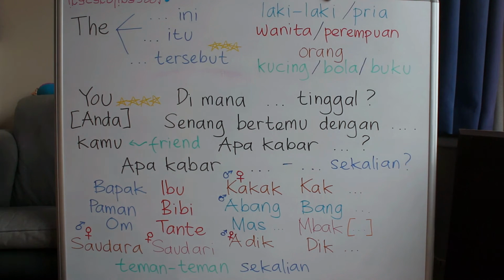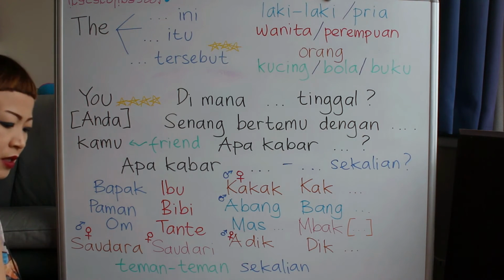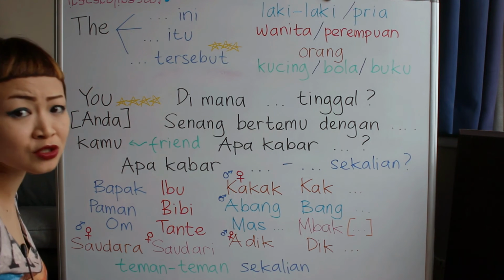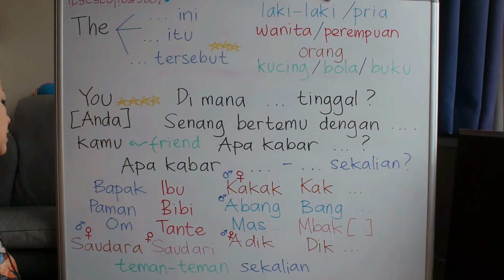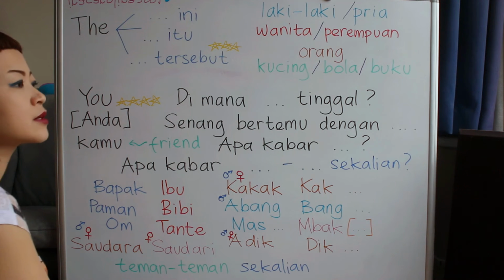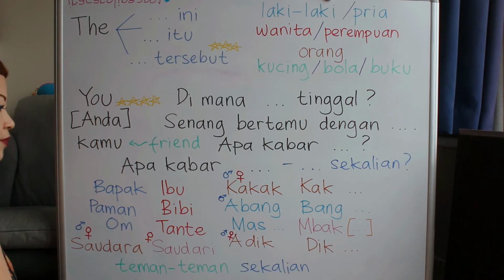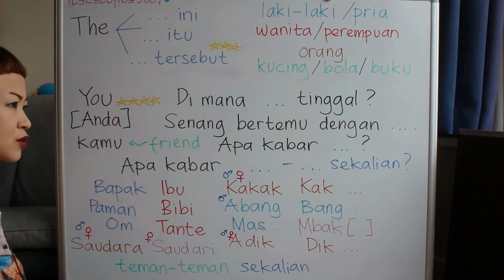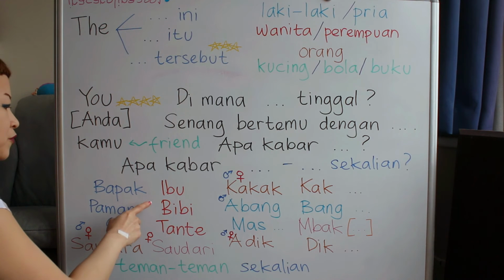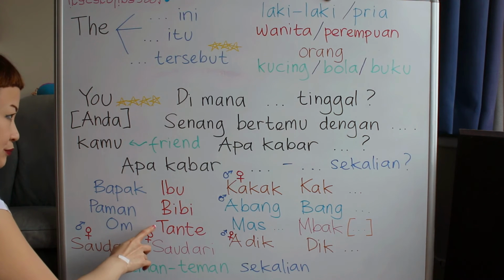You can call them paman or om. It means uncle, even though they are not your uncle. And you call the you with bibi or tante, even though they are not your own aunt.